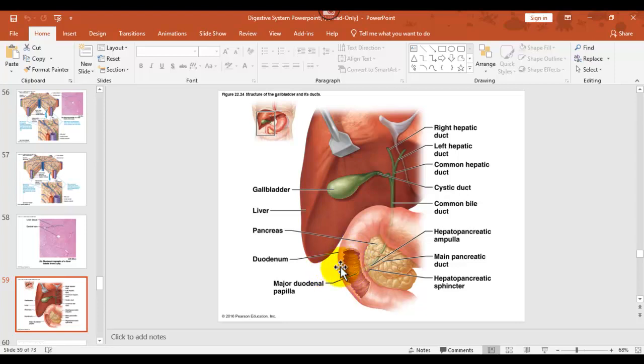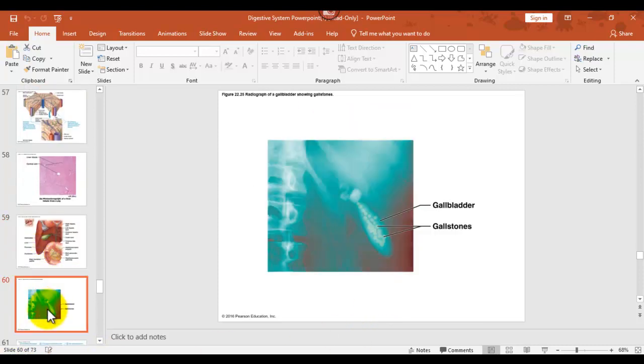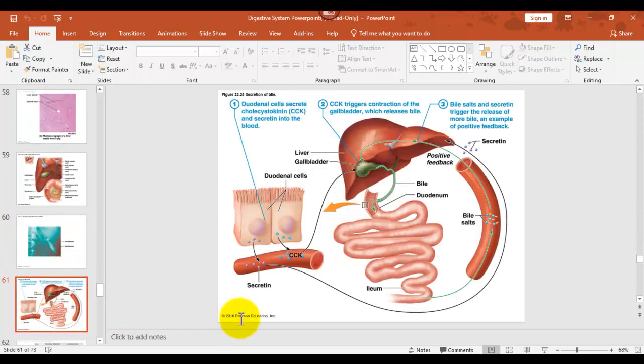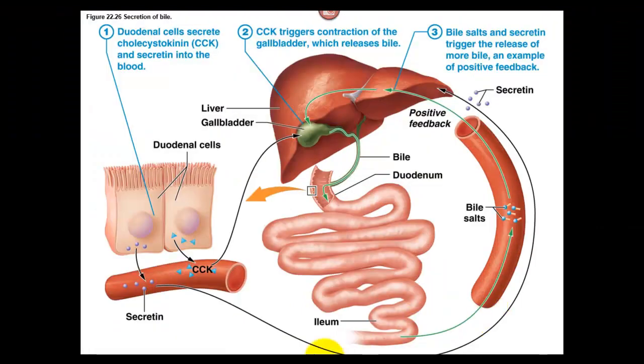So bile is released in response to fat and the chyme from the stomach entering the small intestine. There's some gallstones. Gallstones are actually made of cholesterol. And here, we're about to talk about CCK. This is cholecystokinin, right there.